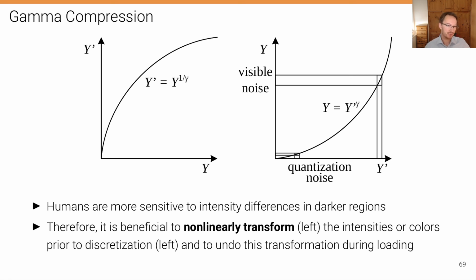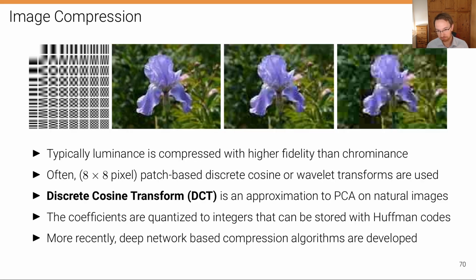It's beneficial to non-linearly transform the intensities or colors prior to discretization, and to undo this transformation during loading, such that the intensity differences in the darker regions are kept intact despite quantizing the colors to maybe 8 bits in which we want to store this on the disk.